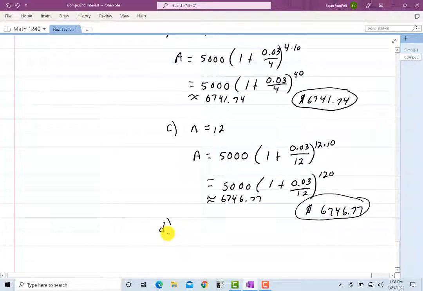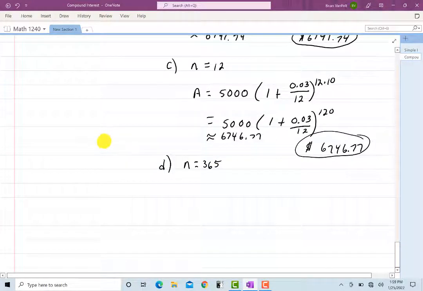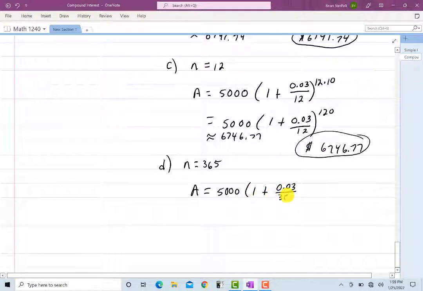And finally, the last one, this will give us our biggest amount, N equals 365. Whenever you're given any of these problems in my class to do, always use 365. Don't worry about leap years. We'll just pretend they don't exist. In real life though, leap years are accounted for when they do interest. 1 plus 0.03 over 365 to the 365 times 10.